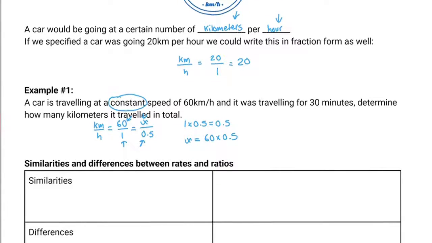That's how we would solve our proportion. And 60 times 0.5 is 30. And therefore, the car traveled a total of 30 kilometers in 30 minutes. And that's how we solve our question.